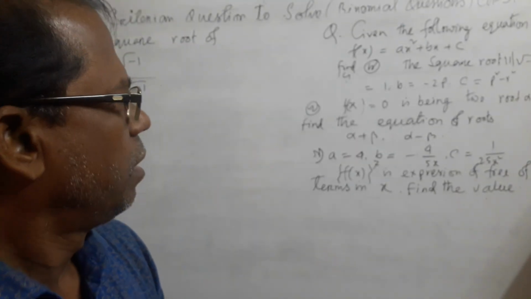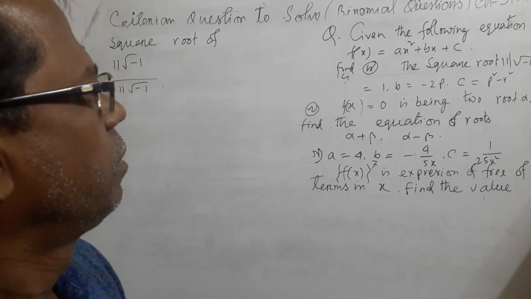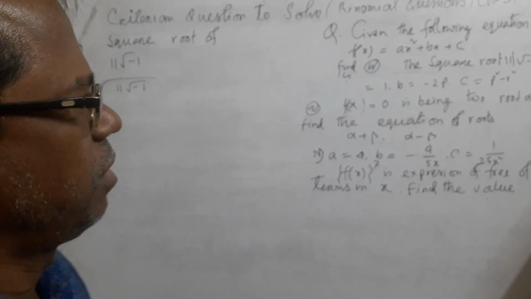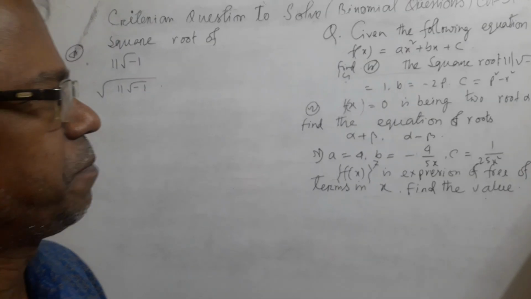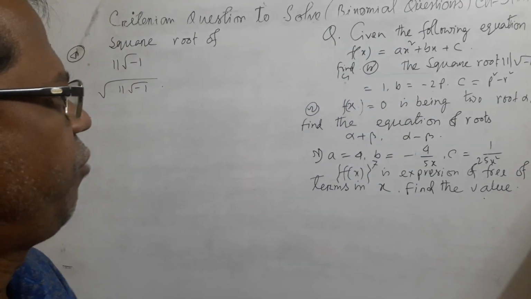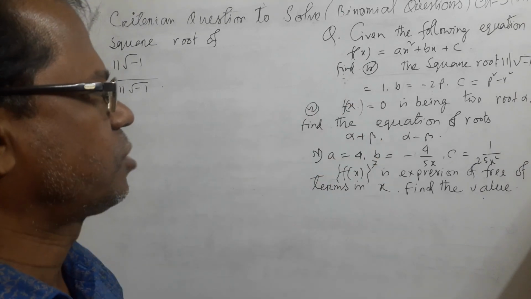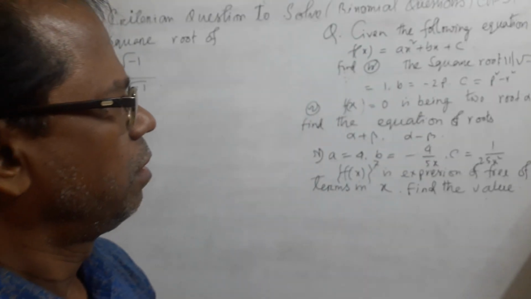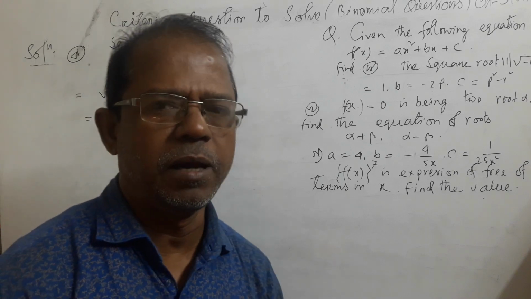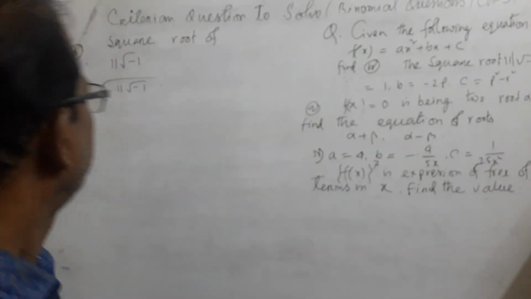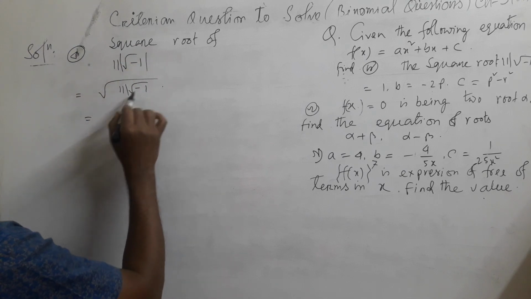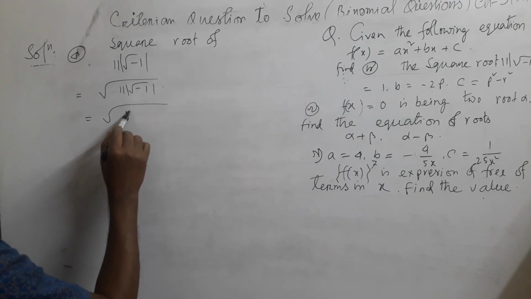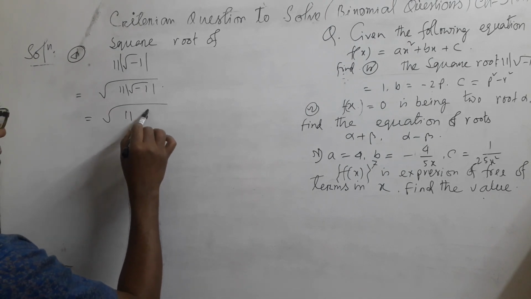Now, the following equation: f of x equal to x square plus bx plus c. So find the square root of 11 modulus root over minus 1. Root over minus 1 is i.